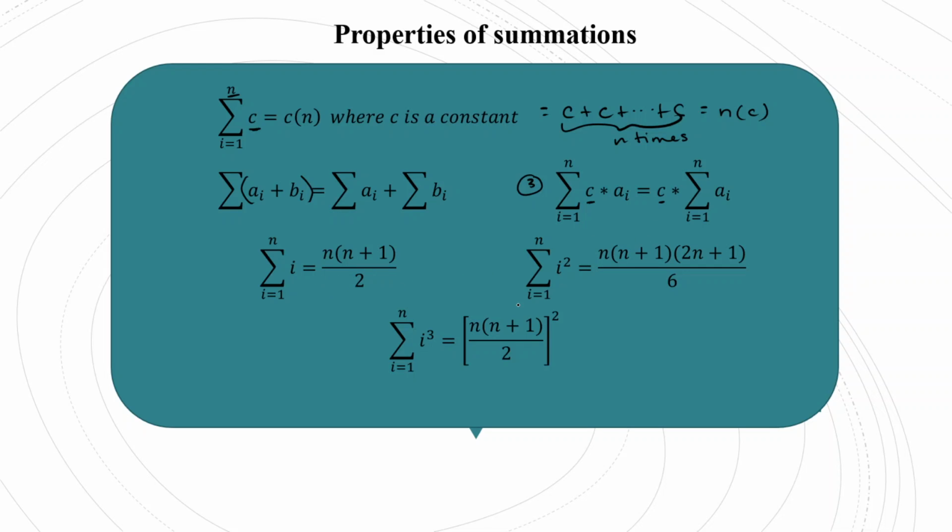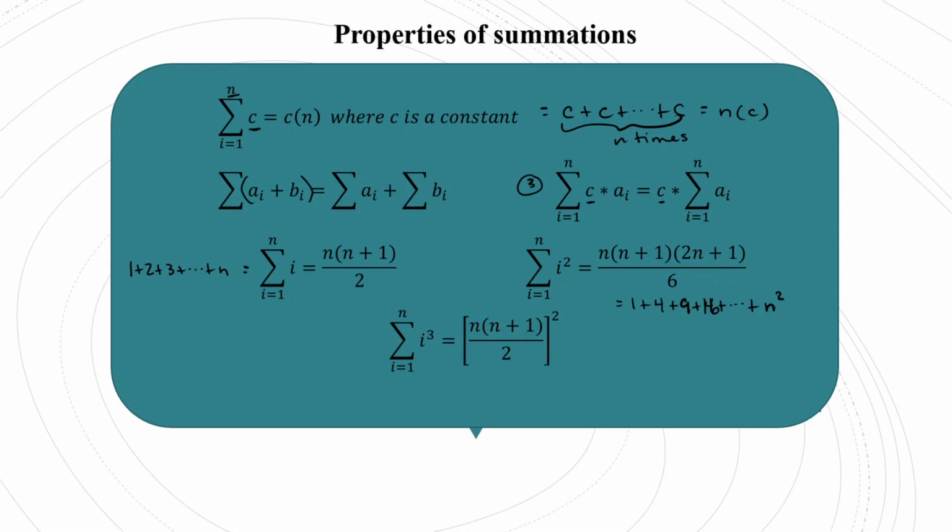Then there are 3 rules for i. The sum of i from 1 to n equals n times n plus 1 over 2. The sum of i squared adds up the perfect squares, 1 squared, 2 squared, 3 squared, all the way up to n squared, and it has this formula. And then we even have one for i cubed.